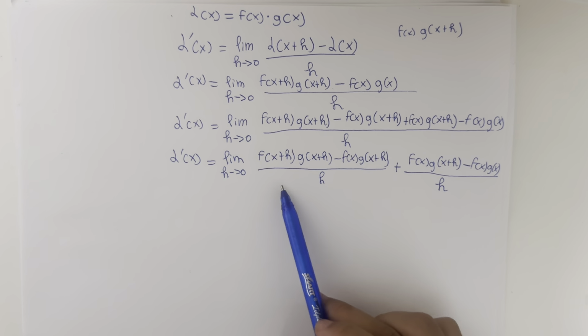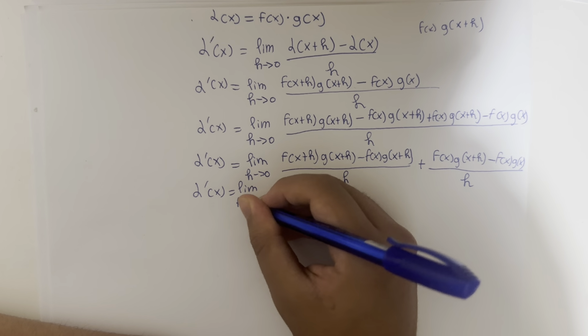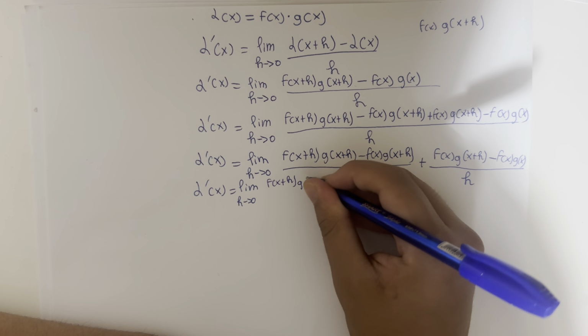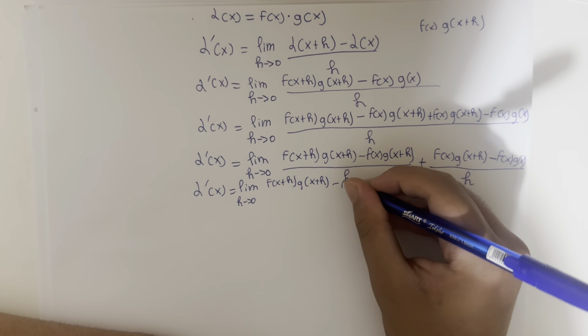We have L prime of x is equal to the limit as h goes to 0 of f of x plus h times g of x plus h minus f of x times g of x plus h all over h, plus the limit as h goes to 0 of f of x times g of x plus h minus f of x times g of x over h.